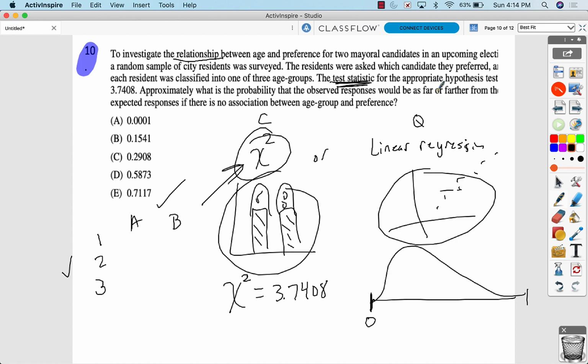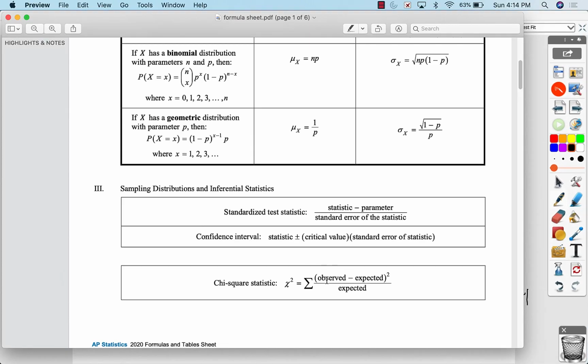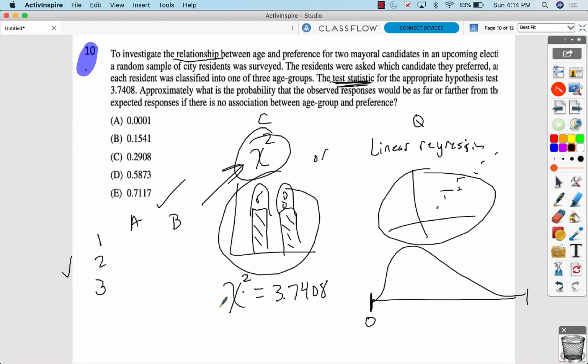If you look at this formula, if the observed was the same as the expected and you subtracted that, you'd get 0. If the observed were the same as expected on the next category, that would be 0, and chi-square would be 0. But in this case, they weren't, because the chi-square was 3.7408.